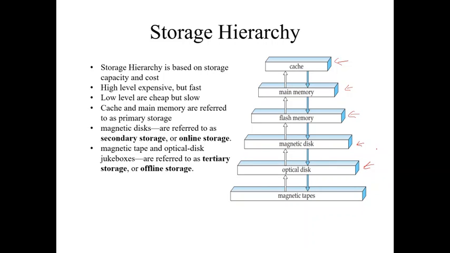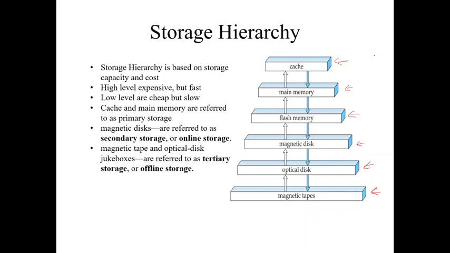The storage capacity is not as high as a magnetic disk, but it is used to back up data which is not of bigger size. And at the end comes the magnetic tape, which is used for backing up the data. Its cost is very low, and its speed is also very low.